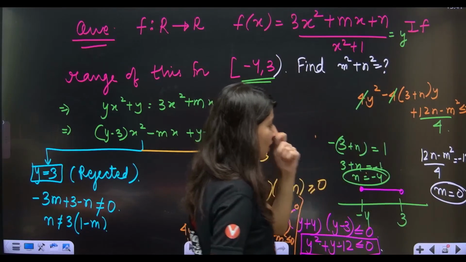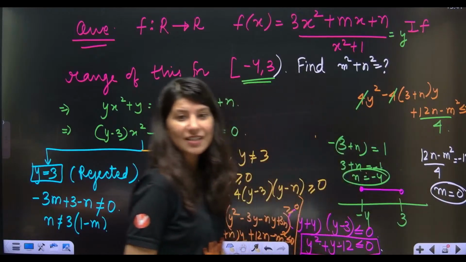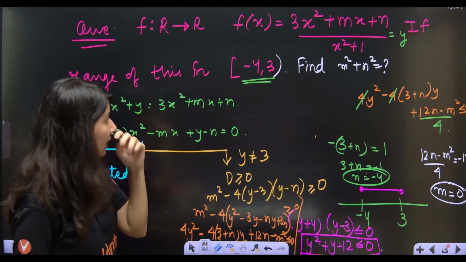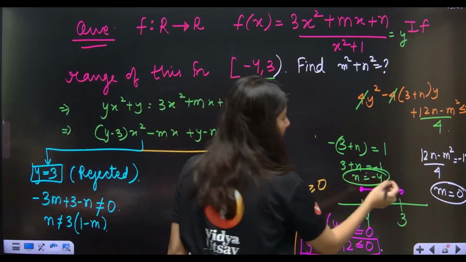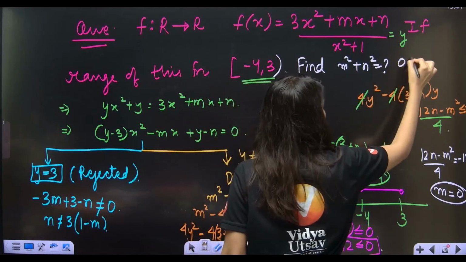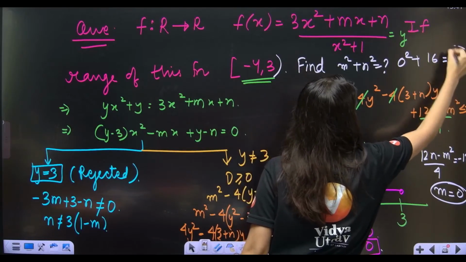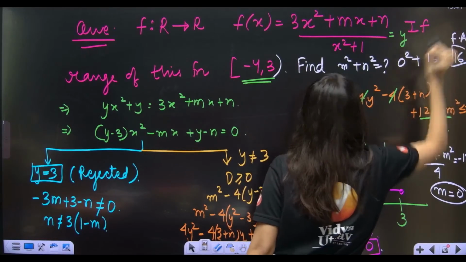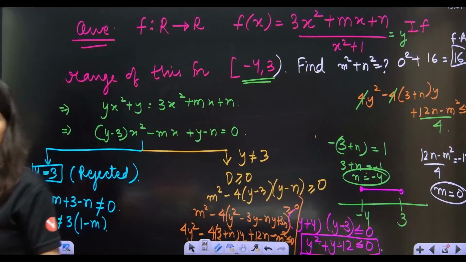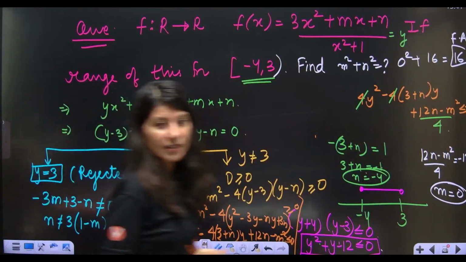If m is 0 and n is minus 4, then this will get satisfied. So n equals minus 4 and m is 0. So clearly 0 square plus 16. 16 is the final answer of this question.